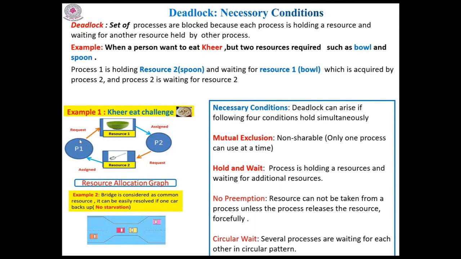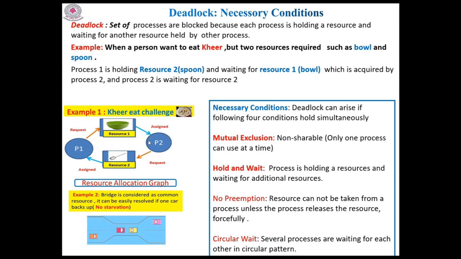It looks like a cycle. P1 is requesting resource 1, which is held by P2, and P2 is requesting resource 2, which is held by P1. So this is cyclic. When P1 wants to do the activity, it requires two resources, but it is holding one resource, resource 2, and waiting for resource 1, which is held by P2.